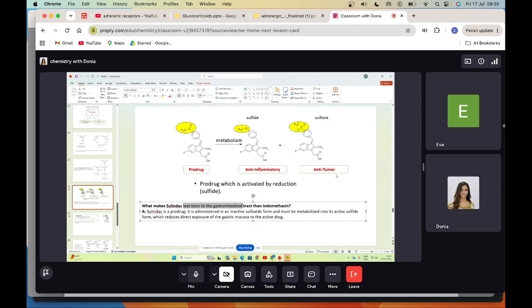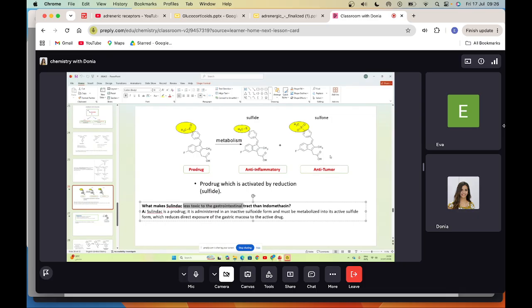What happens in the metabolism? We have mainly two pathways. Either this sulfur undergoes further S-oxidation to give the sulfone, and this sulfone is inactive in the anti-inflammatory path.